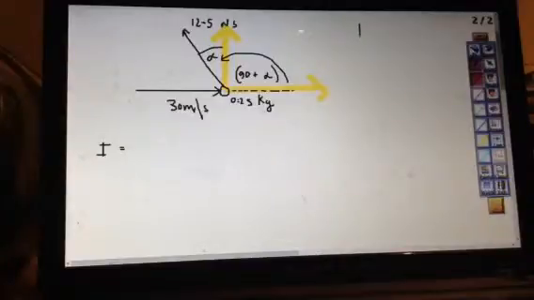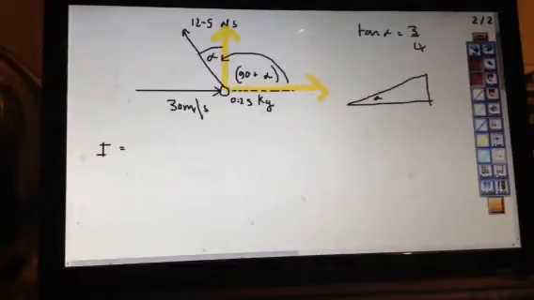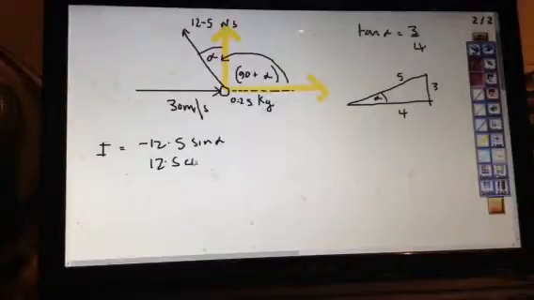You're also told in the question that tan alpha equals 3/4, and that is opposite over adjacent, so a 3, 4, 5 triangle, and therefore you know that the horizontal component, that's positive I, that's negative I, it's negative, and it's 12.5 sin alpha. And then the bit in the vertical direction is a positive direction, it is 12.5 cos alpha. It's that many Newton seconds.